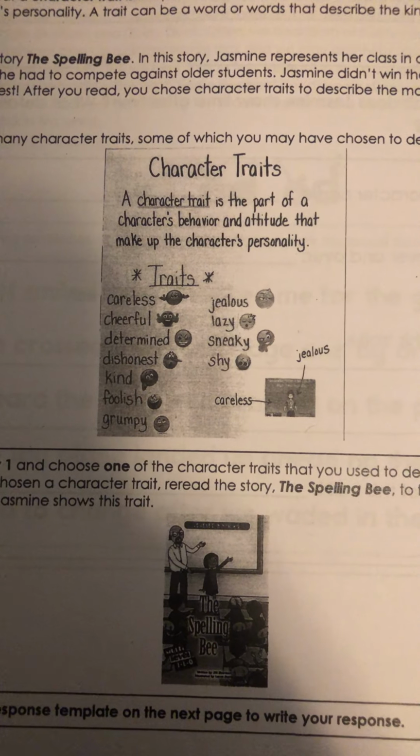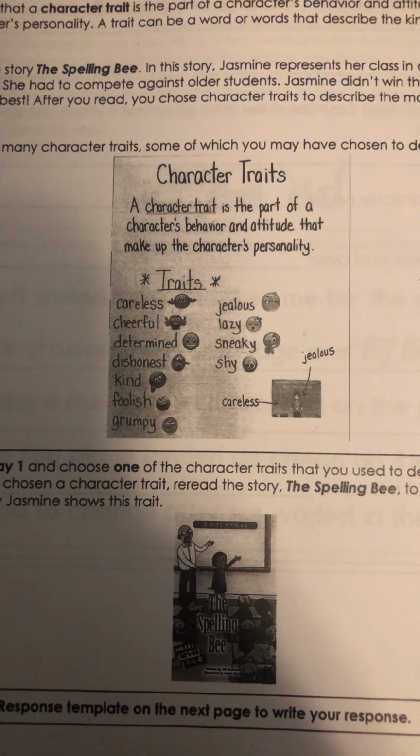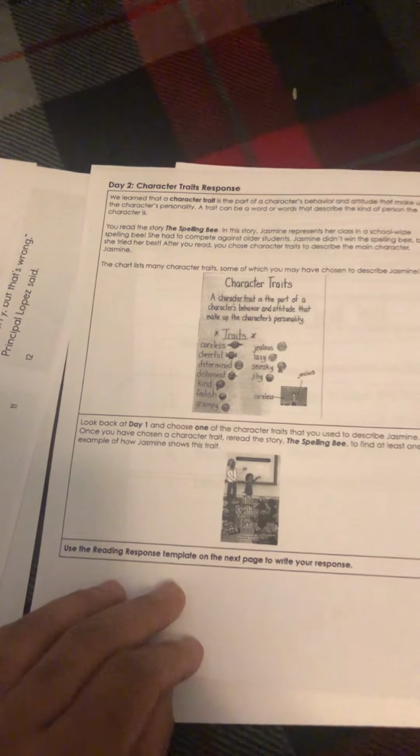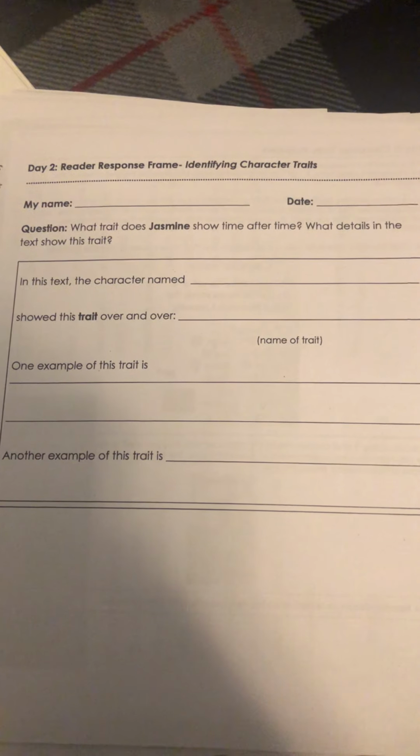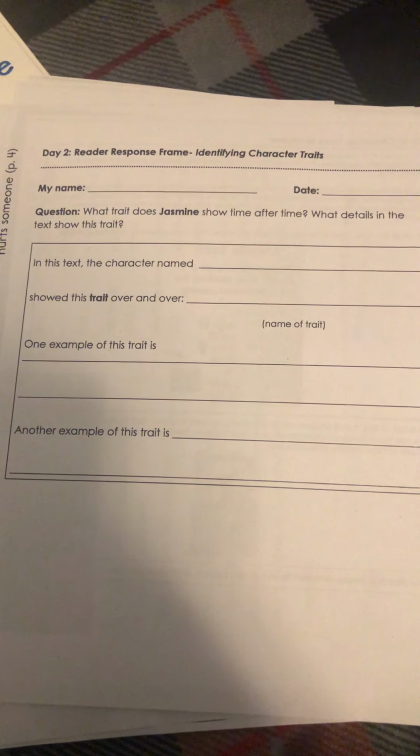And they're nice enough to give you some choices that you might choose from. You all are going to fill in the response. Again, I'm turning the page, so there's day 2. And now I'm turning on the back, and there's the reading response frame. The same frame that I used, you all are going to have a chance to use on your own.